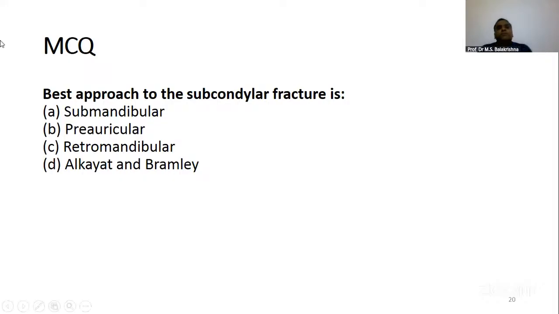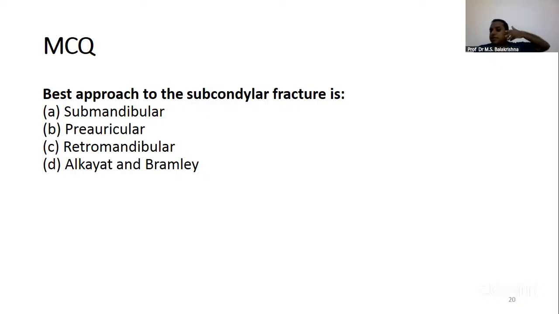Next question: the best approach to the subcondylar fracture is submandibular, preauricular, retromandibular, or Al-Kayat-Bramley. Al-Kayat-Bramley is the excellent and latest one which has been added to the category. The facial nerve comes out from the stylomastoid foramen, travels over the ear, and then enters the parotid gland from the posteromedial surface.